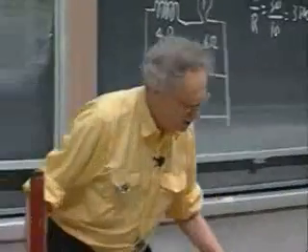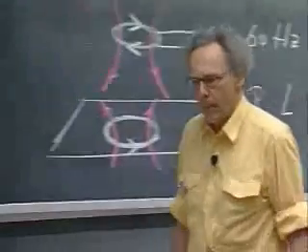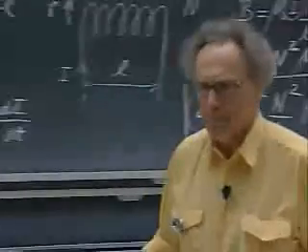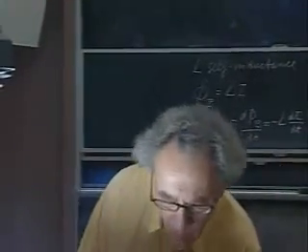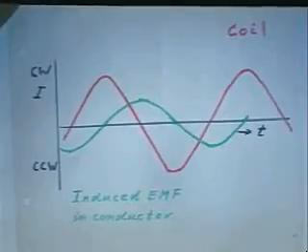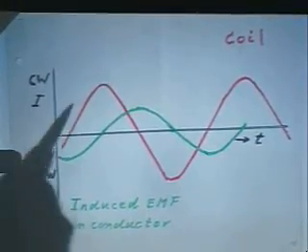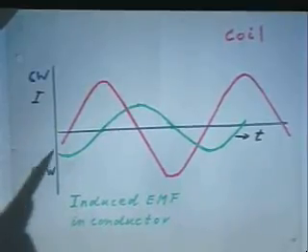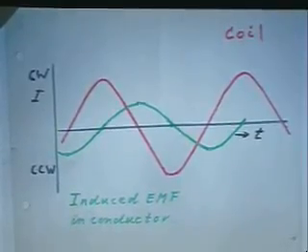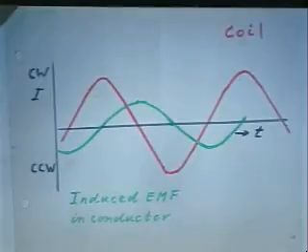And I have something that will allow you to see that perhaps in even more detail. This red curve is the current through the coil that you see there above. And when the current is above the black line, it's clockwise, and when it is below the black line, it's counterclockwise. The vertical scales are arbitrary.